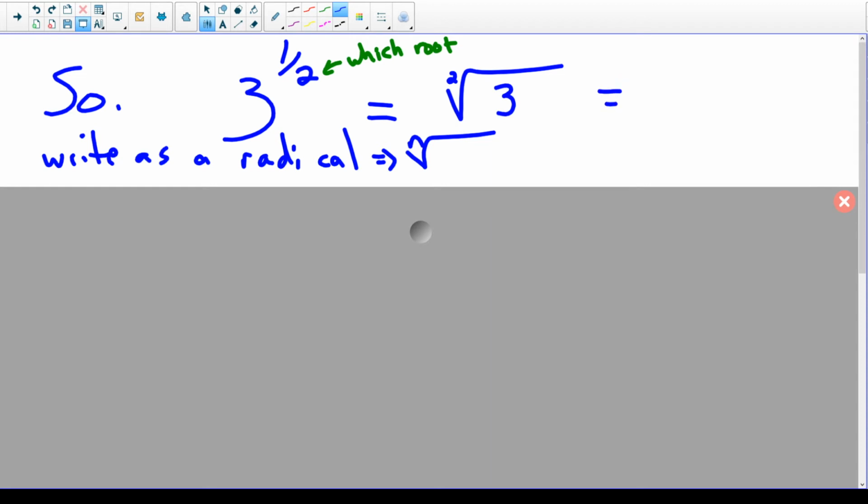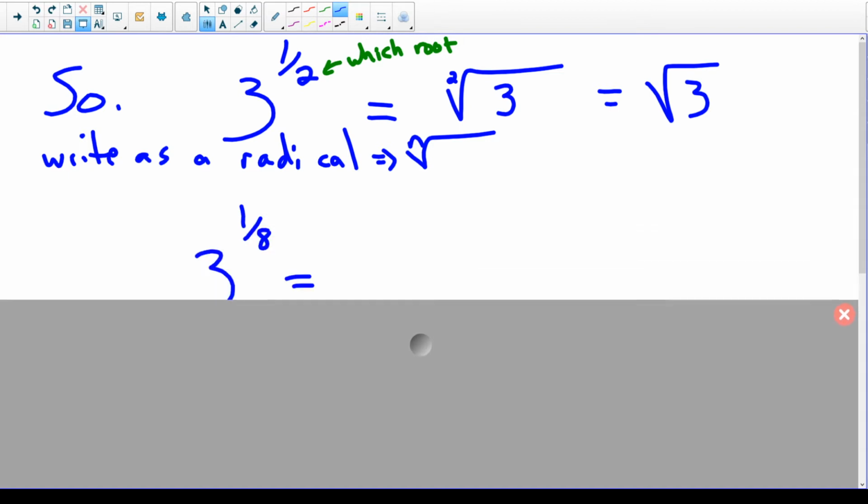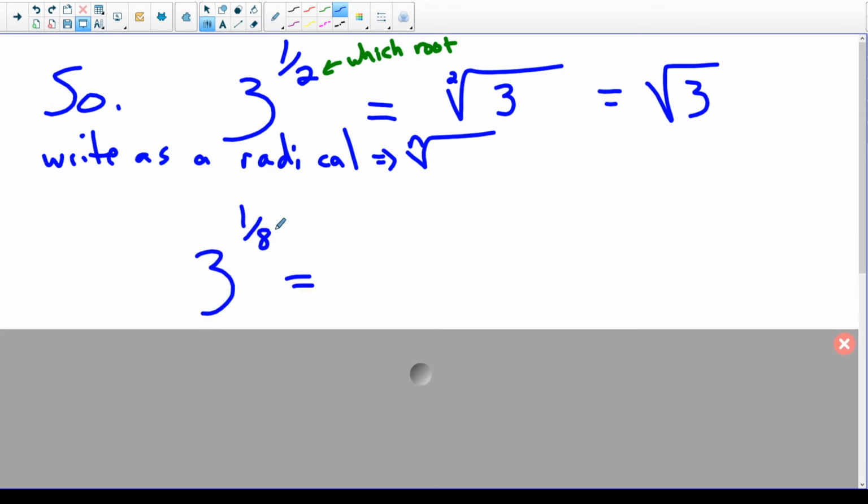But with a square root, we normally drop the 2, because the word square is referring to the 2. If I ask you to do 3 to the 1/8, again, what is the type of root? The 8 is the type of root. So the denominator is always the type of root.